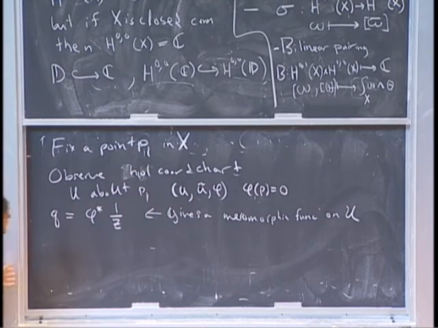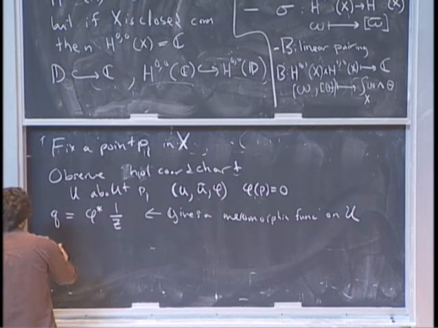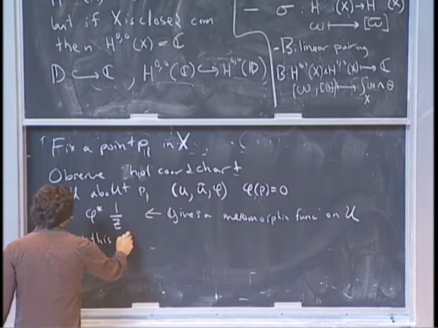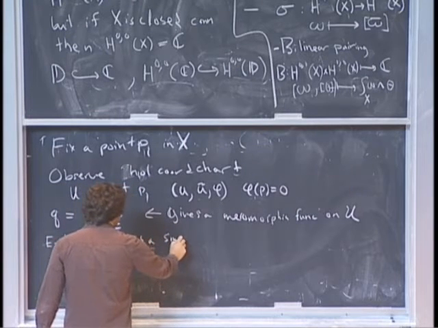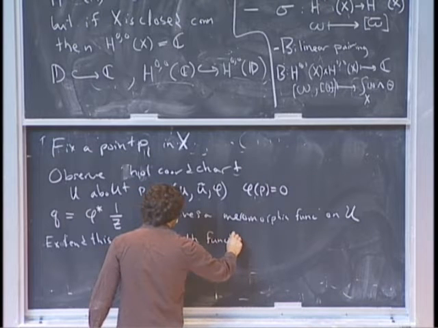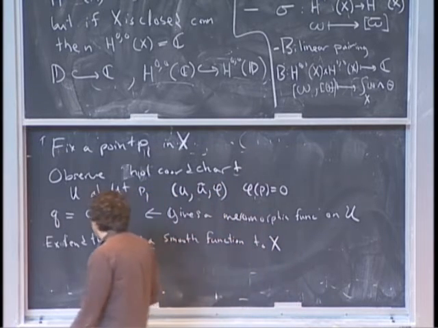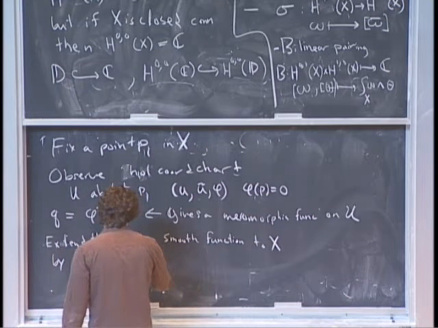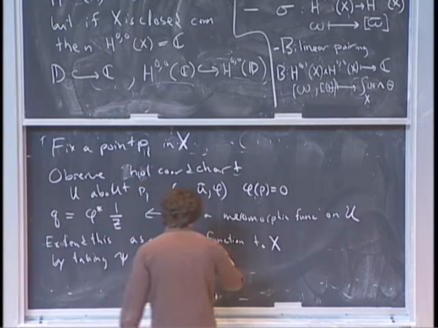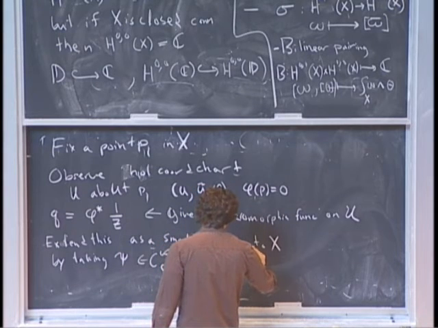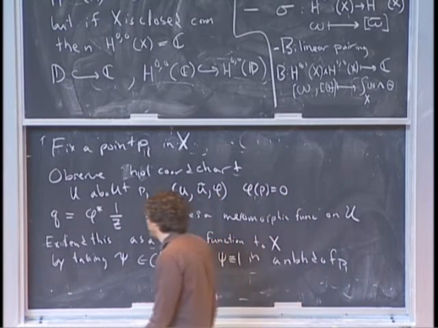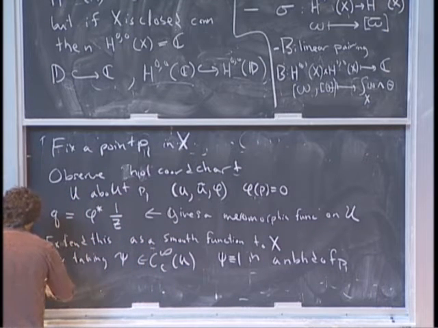But we could at least try to extend it as a smooth function to X by taking a psi, which is a C-infinity function of compact support in U, where psi is identically equal to 1 in a smaller neighborhood of P1 than U, and just define a new function which we call Q hat.